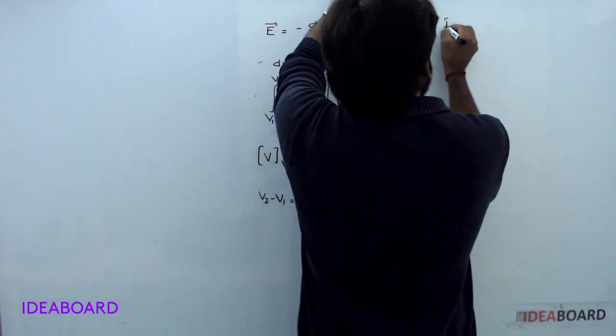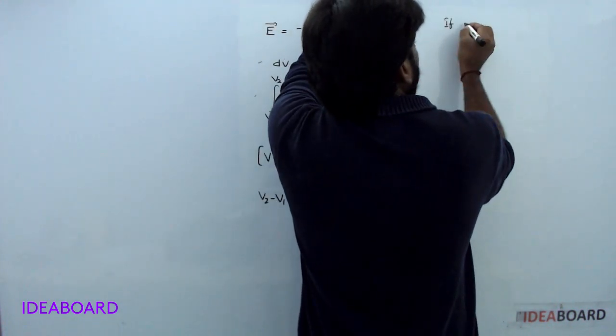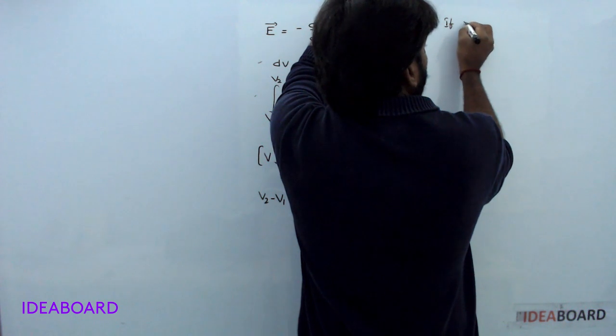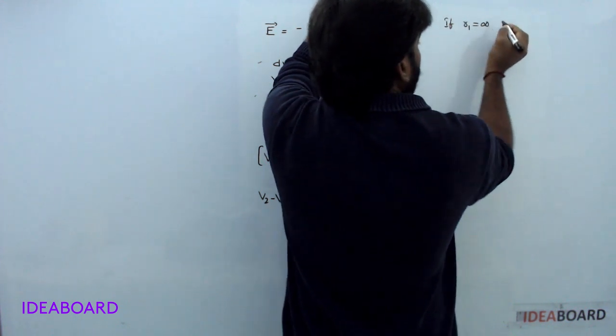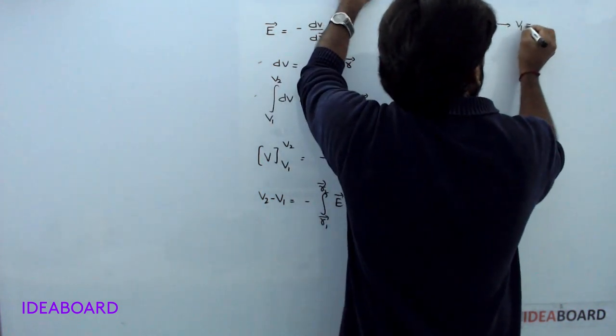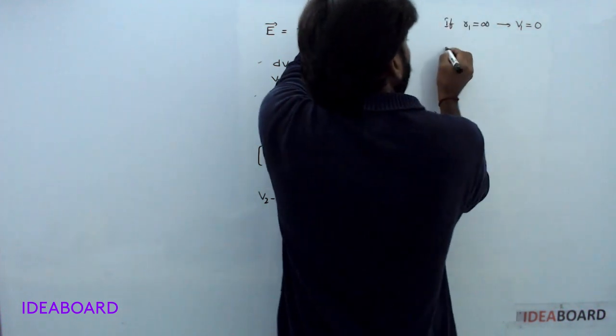If the first point is at infinity, that means R1 is infinity, so V1 is equal to 0.